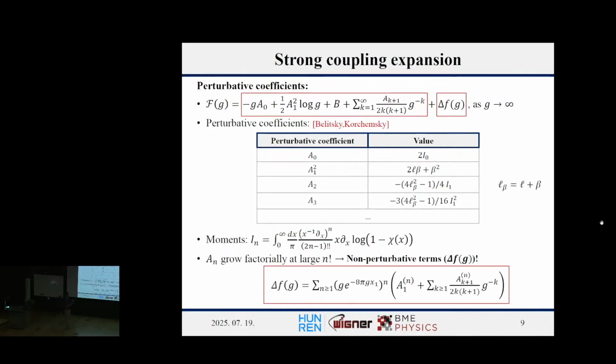Previously, it was shown by Belitsky and Korchemsky how the strong coupling expansion of these determinants behaves. There are some divergent terms proportional to G or log G. There are some constants, which were previously defined.